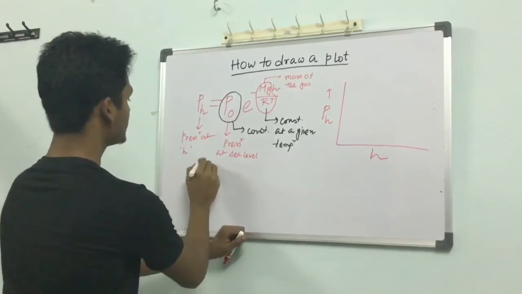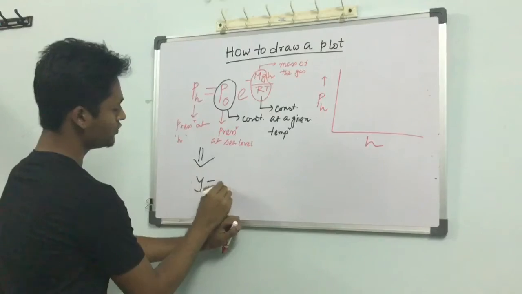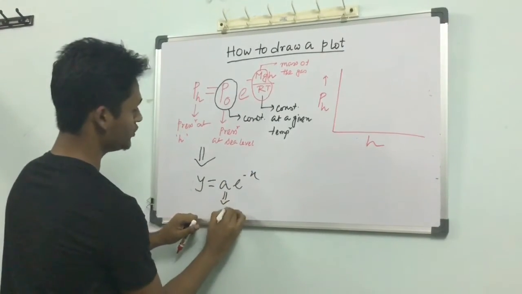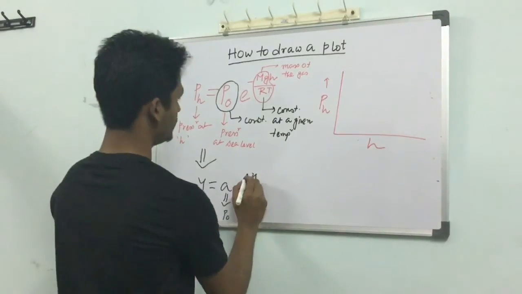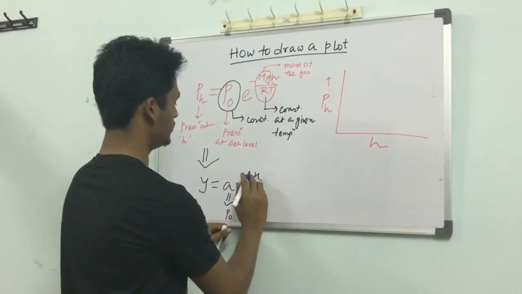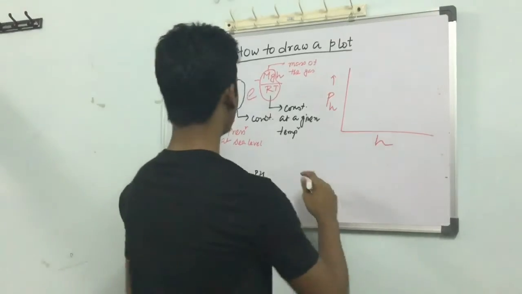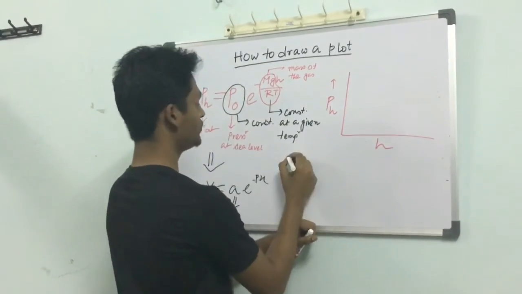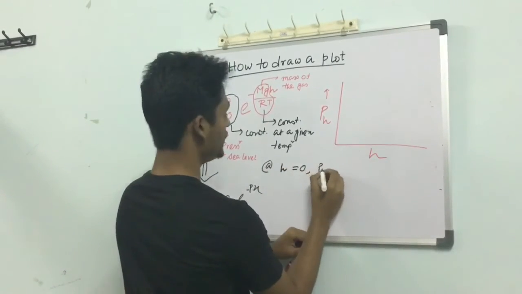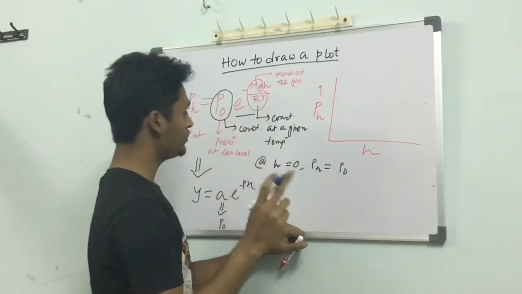So this function is basically behaving like y equals a e to the power minus kx, where a is P0 and k is some constant. So at x equals 0, that is h equals 0, P_h will be P0 because this part is going to be 1.